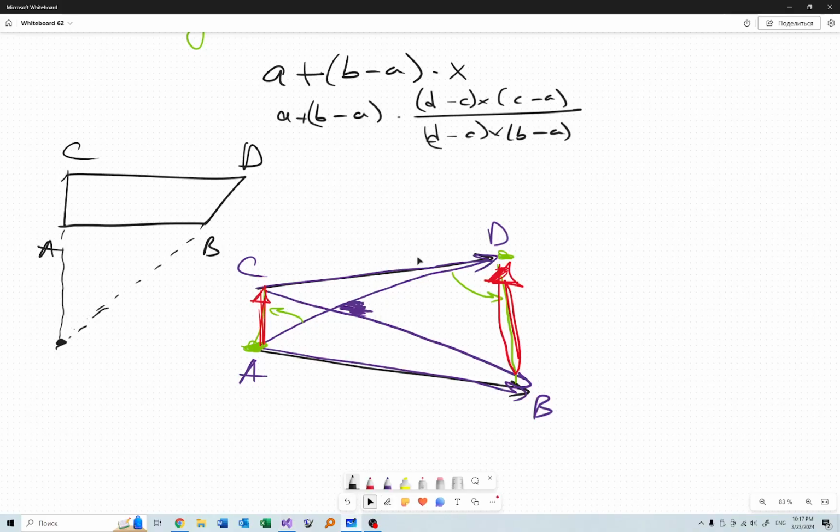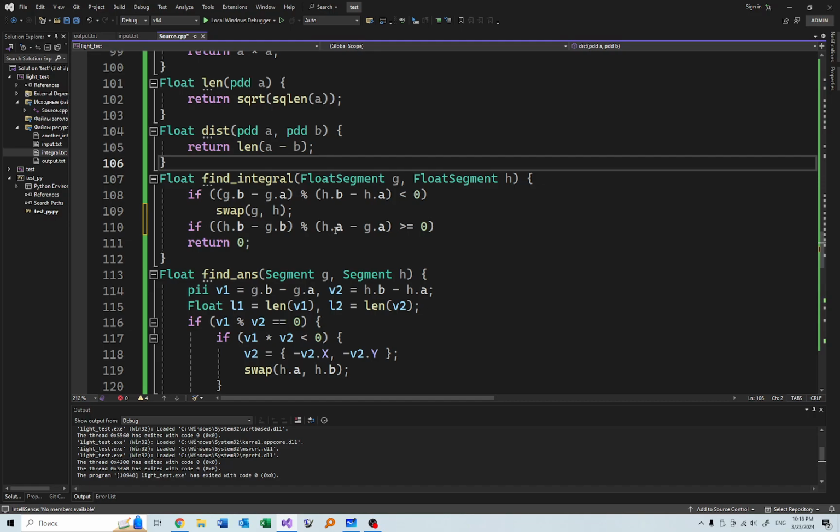This means that we have an intersection point here. So now what we need is we need to write the range of the angles. Yes, so the range of the angles is from AD to BD. Let's try and write it.